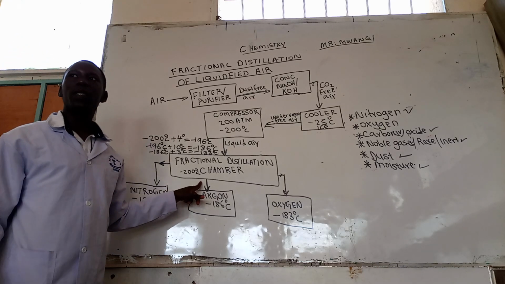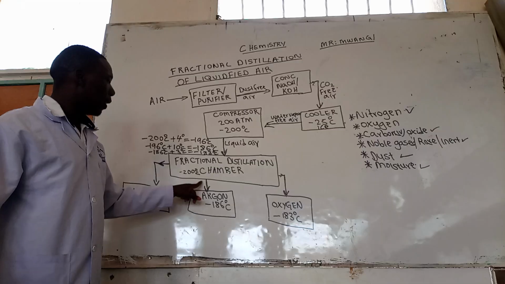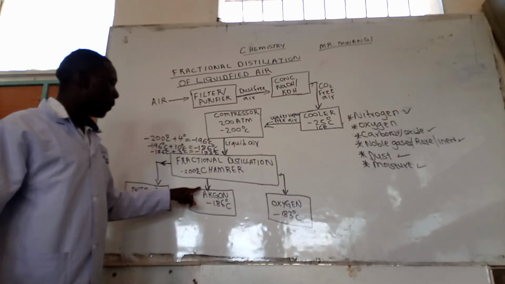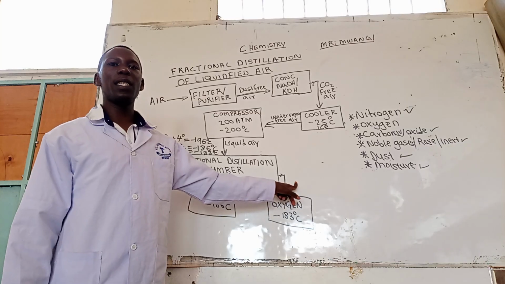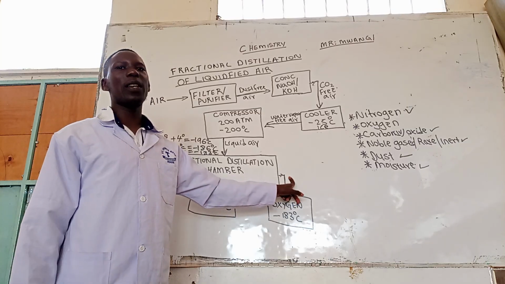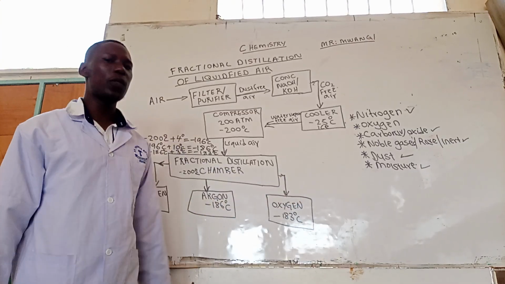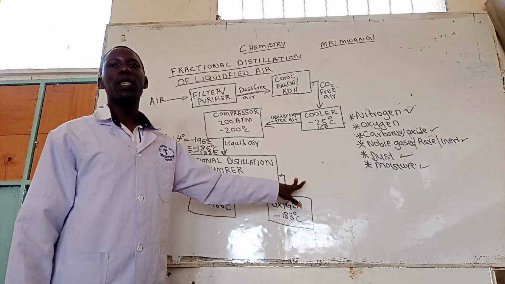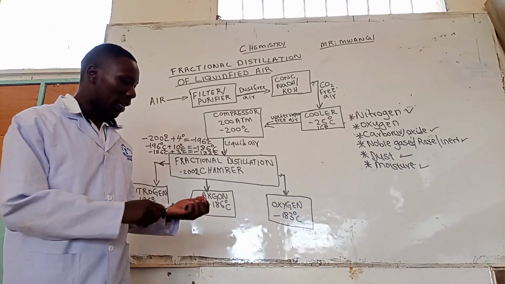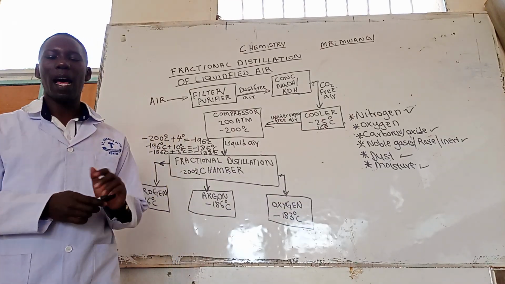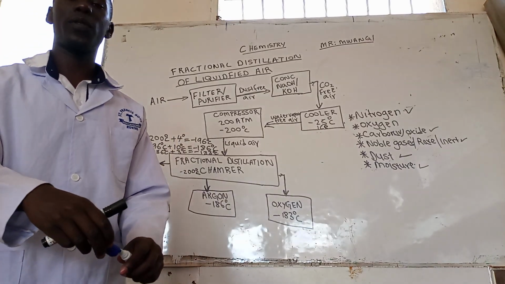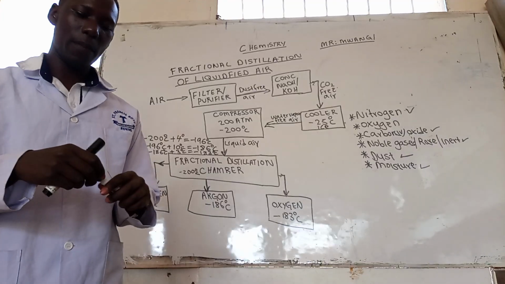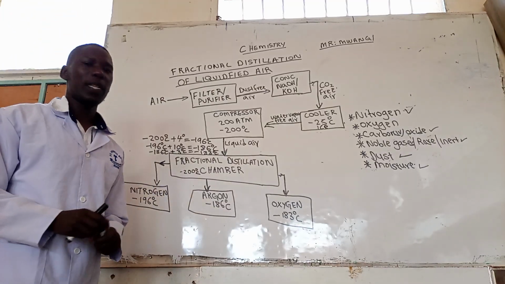Then argon is used in bulbs. It can also be used in other processes. Oxygen is used by deep sea divers. It can be used by patients in hospitals. It can be used by mountain climbers. Then it can be used in very many other stations, in very many other places.